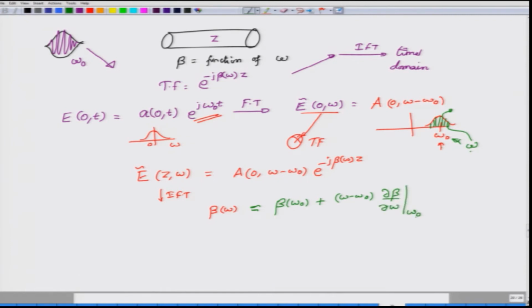What is del beta by del omega, or d beta by d omega? This is the differential of beta with respect to omega, evaluated at omega 0. In literature, this term is called beta 1.